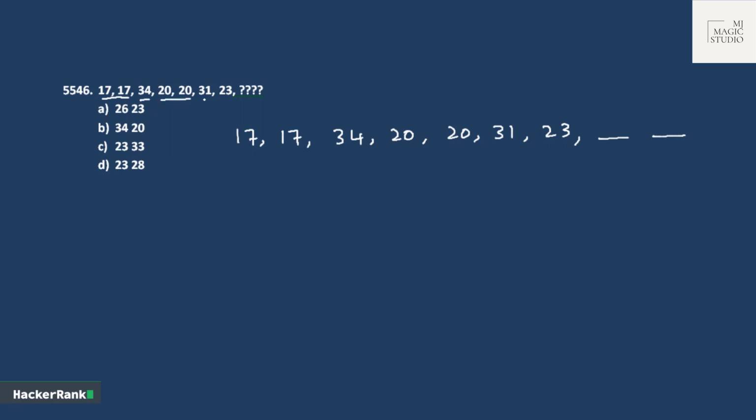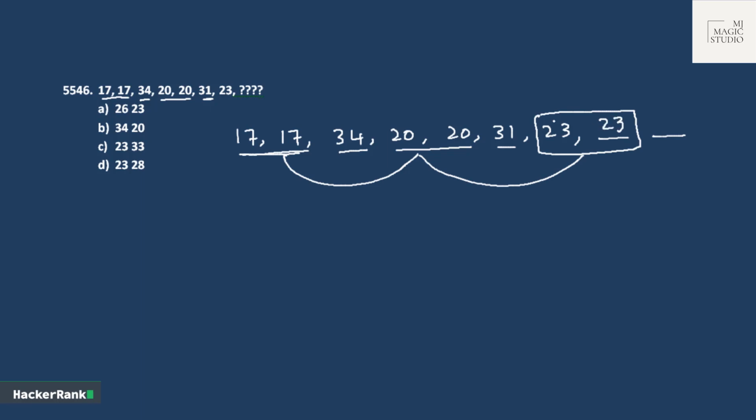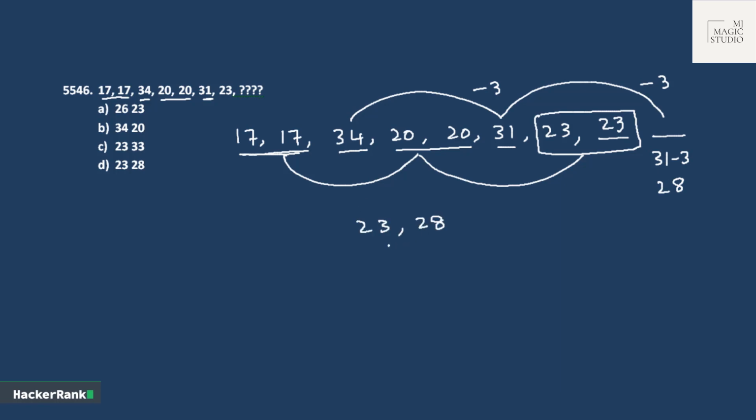But here we can see how it is moving. 17, 17, then we have one number. 20, 20, then a number. Then this should be the same. So 17 plus 3 is 20, 20 plus 3 is 23. This should be 23. 34 minus 3 is 31, and here we should also have minus 3. 31 minus 3 is 28. So most likely 23 and 28 are the next ones in these two gaps, which is option D.